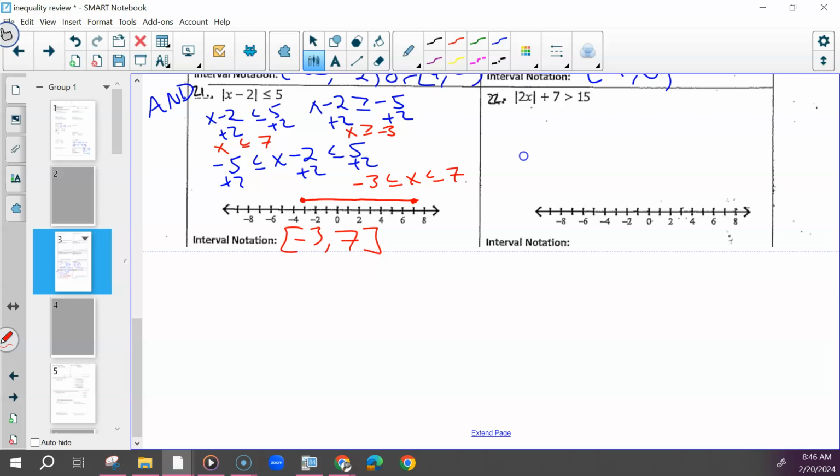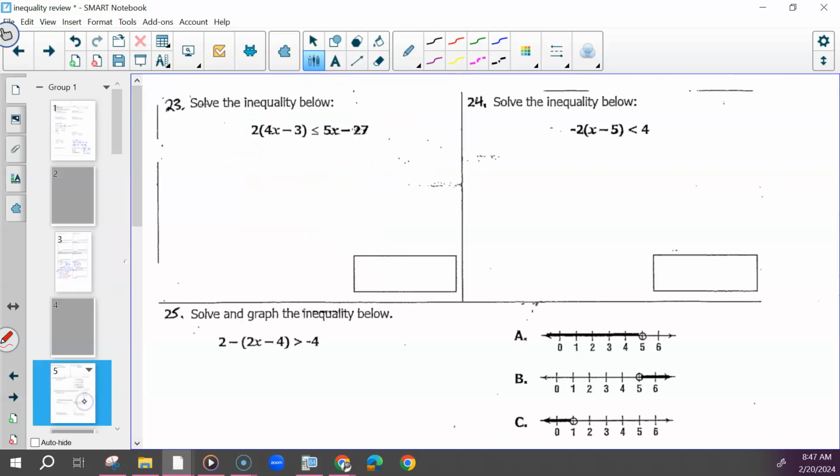When you finish that, go on to the next page. On page 3, questions on that page.